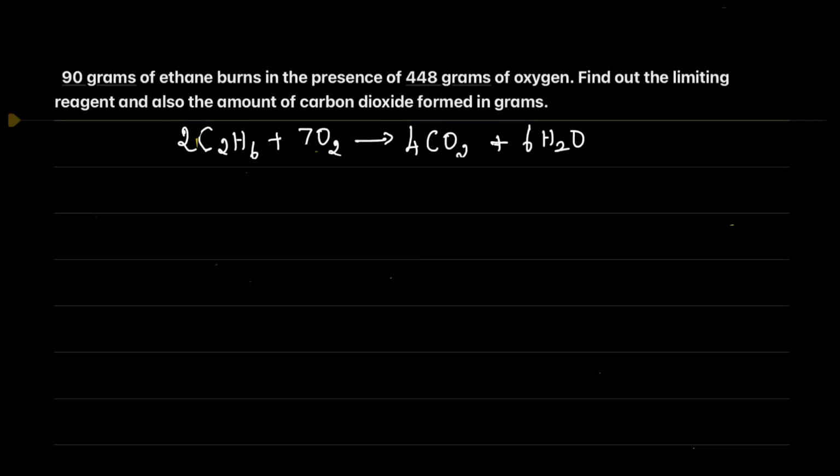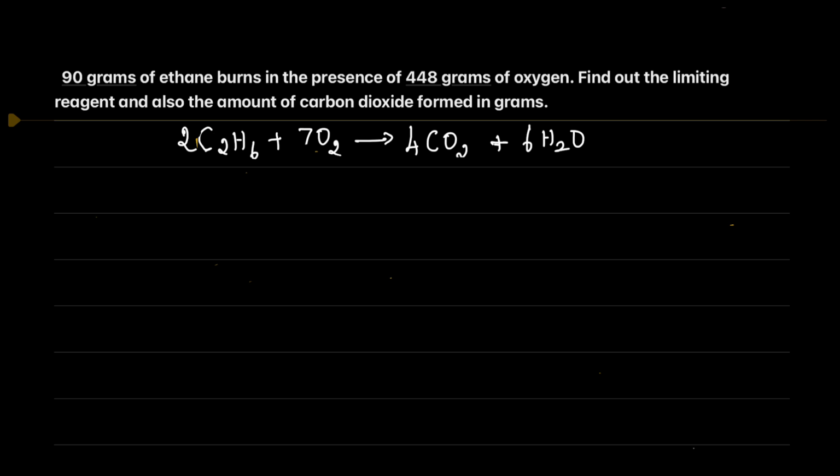Let us work out the problem. 90 grams of ethane burns in the presence of 448 grams of oxygen. Find out the limiting reagent and also the amount of carbon dioxide formed in grams. The quantity of available ethane as per the problem is 90 grams, and just because it is smaller in quantity when compared to 448 grams of oxygen available, we should not jump to the conclusion that ethane is the limiting agent.